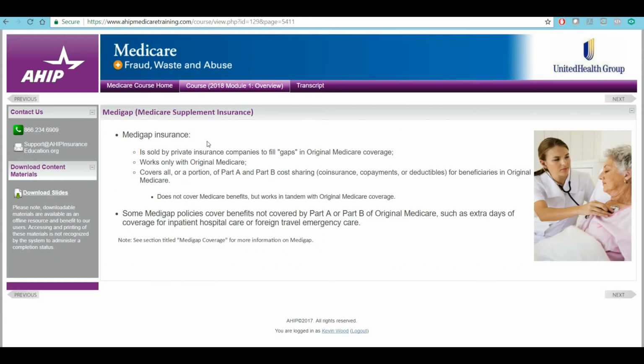Medigap Insurance, that's the Medicare Supplement. They wanted to change the name from Medicare Supplement to Medigap, so keep that in mind. It's the same thing. I'm saying Medigap more and more nowadays because that's what they want us to say. You can see how they have the name here, and then Medicare Supplement is in parentheses. These are sold by private companies. They work well with original Medicare and cover all or a portion of Part A and Part B cost sharing.